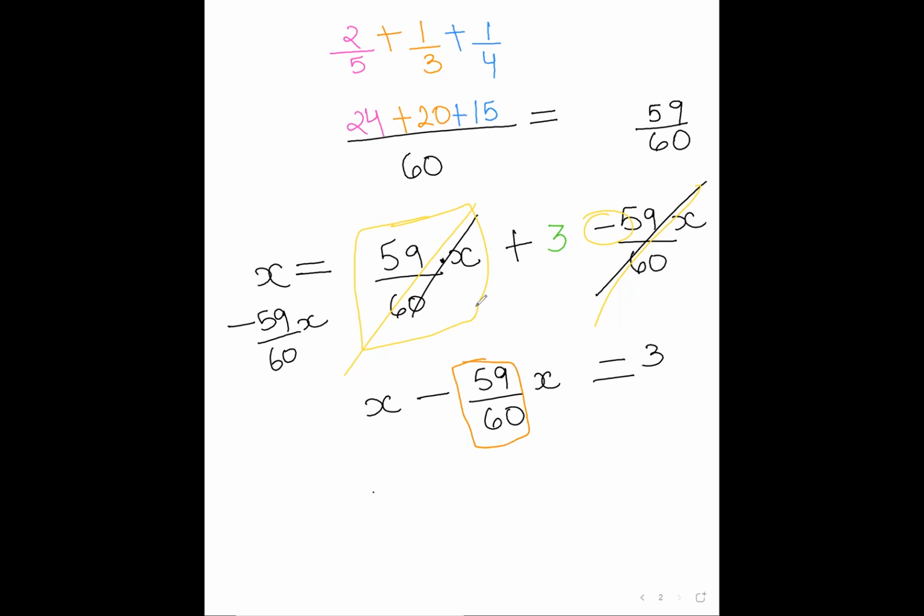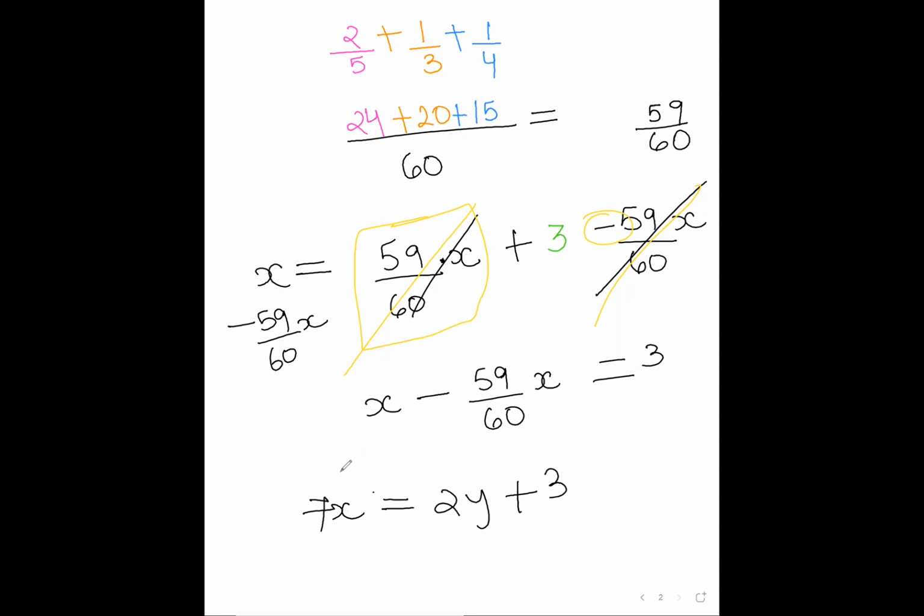Now you understood what is the meaning of coefficient? If I give you a term which is 5x, then the coefficient of x is going to be 5. If I say the term is 7x equal to, let's say, 2y plus 3. I'm just giving you an example.